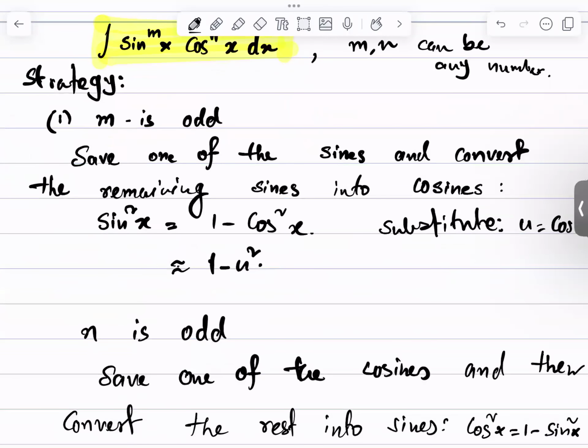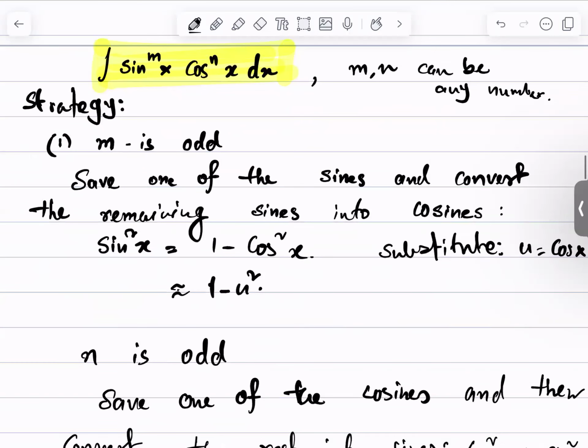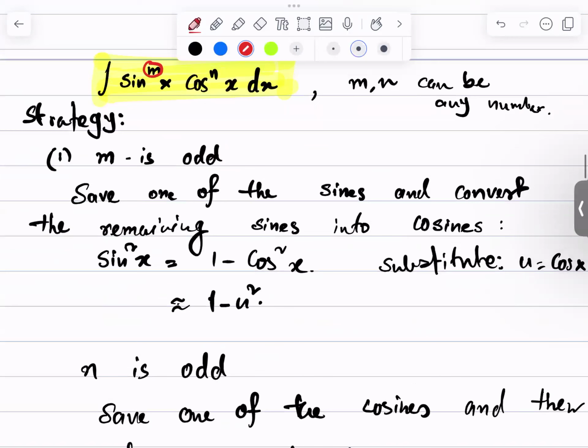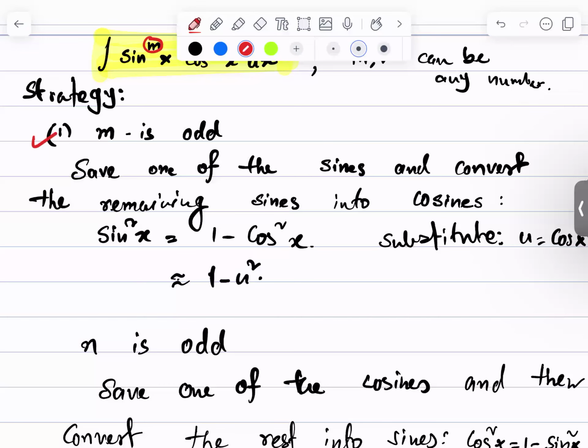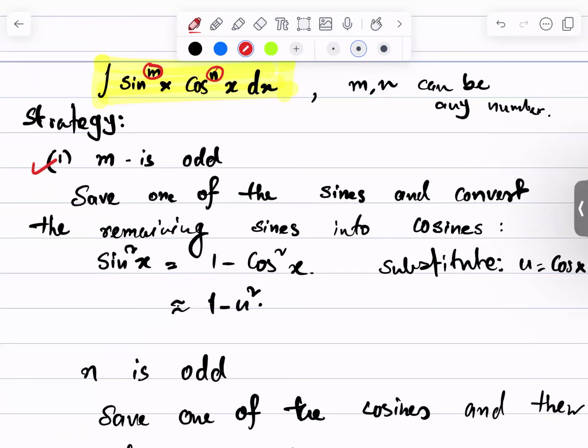The strategy to do integration for this sort of functions will be, if you find among this m and n at least one of them is odd, then we'll be using strategy 1. So if I found m is odd, then I'll not look at n anymore. I'll just use this strategy.